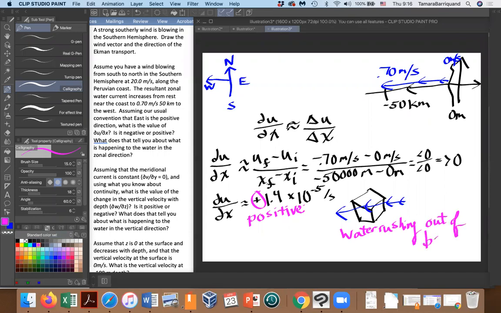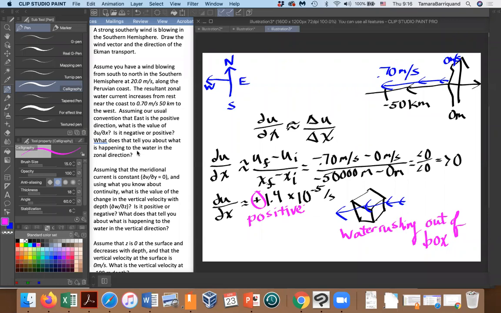All right. So is it negative or positive? It's positive. What does that tell you about what is happening to the water in the zonal direction? The water in the zonal direction is rushing out of the box.